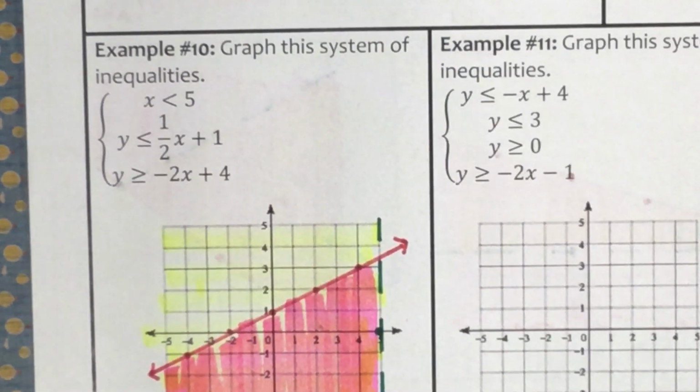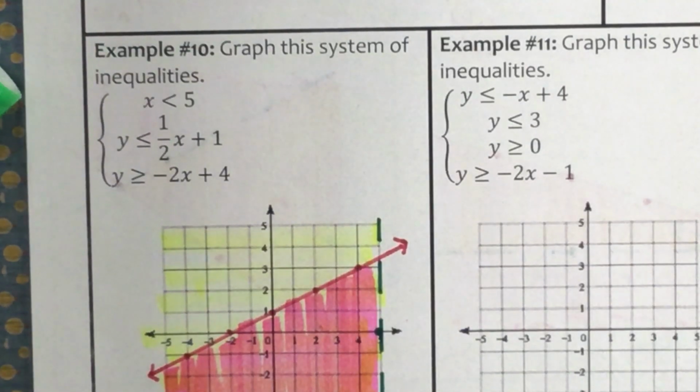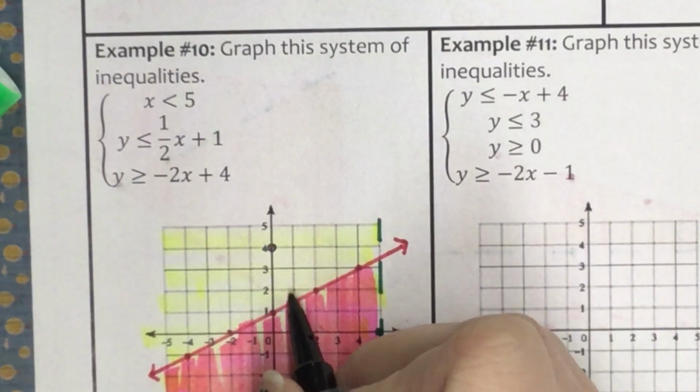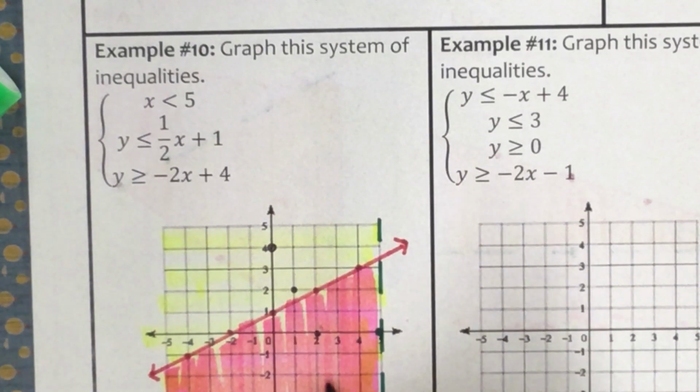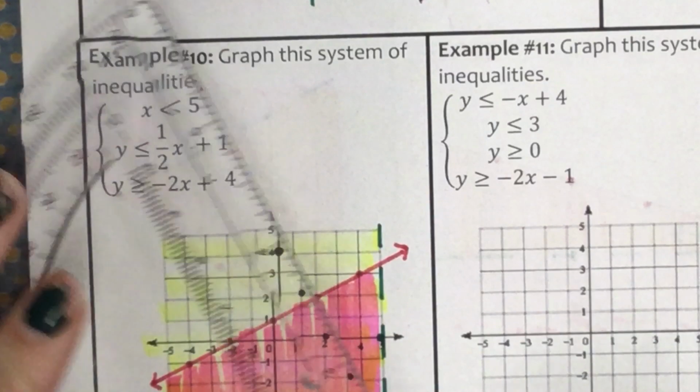Let's see where that third inequality comes into play. I think I've got a green one as well. Okay, +4, -2 for the slope. This is a solid line because of the equals.